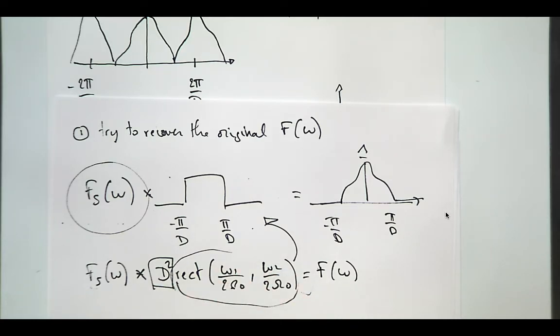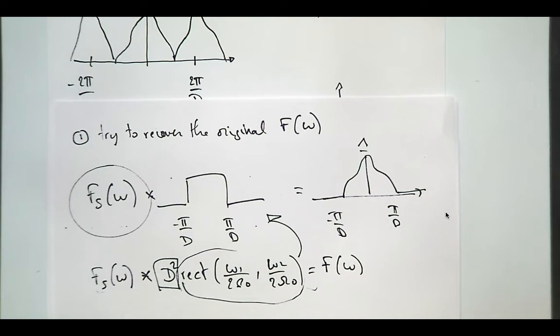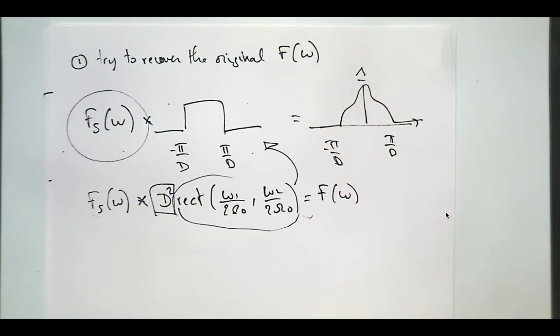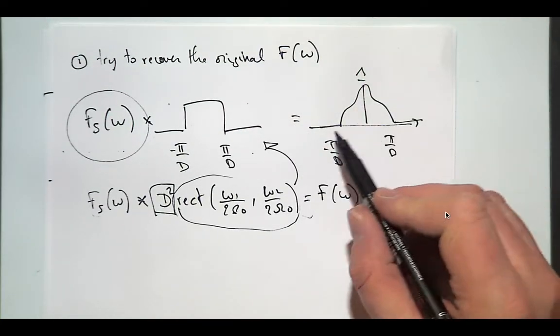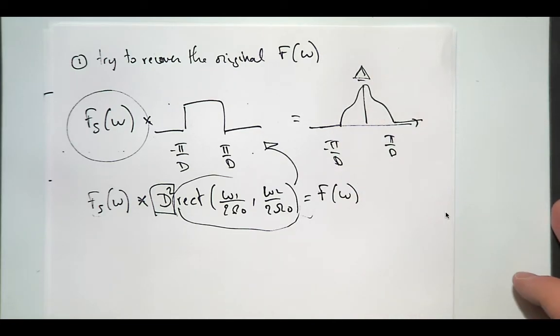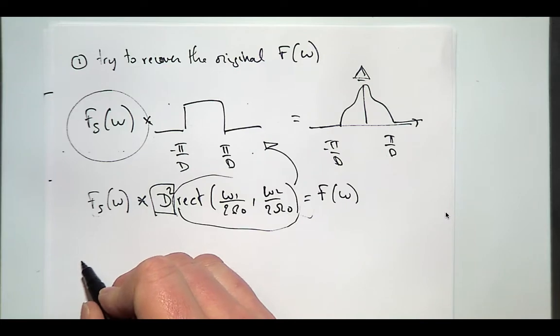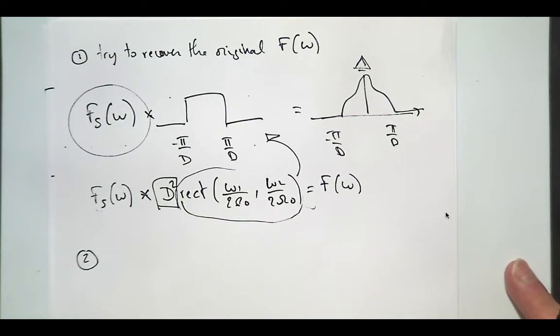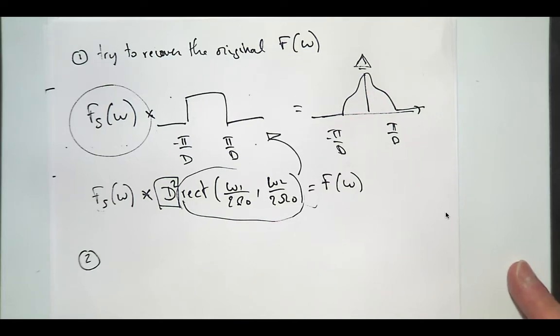Then we try to recover the original signal. So that's the first part. Once you have the original signal, what we need to do now is to subsample, and we will need to take care of the subsampling rate.